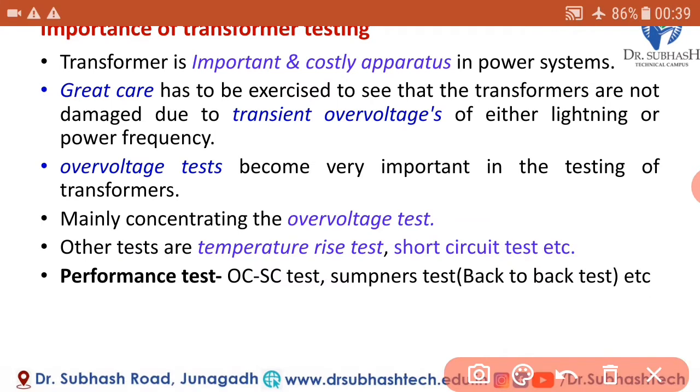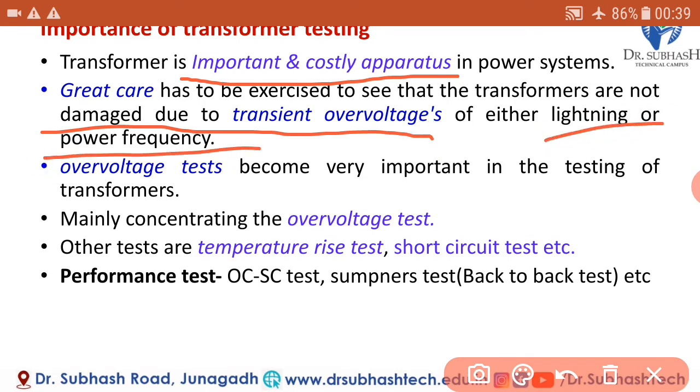Transformer is an important and costly apparatus in power systems. Great care has to be exercised to see that the transformers are not damaged due to transient overvoltages of either lightning or power frequency. Overvoltage tests become very important in the testing of transformers, mainly concentrating on the overvoltage test.